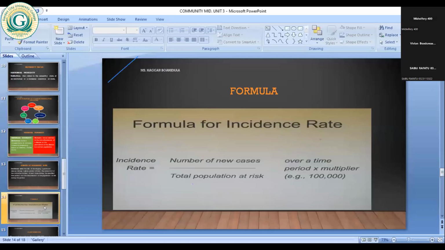So we have the number of new cases. And so another example. So we have another example of the incidence rate to be the number of new cases that you are getting. So for example, today is an antenatal clinic.